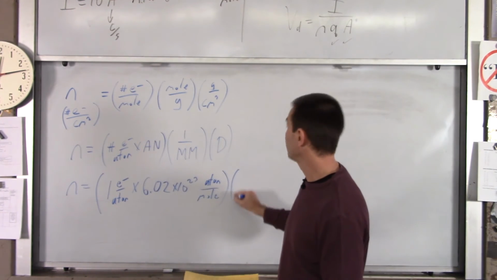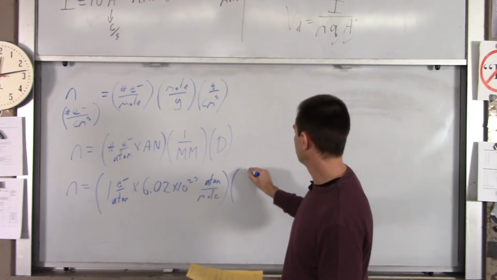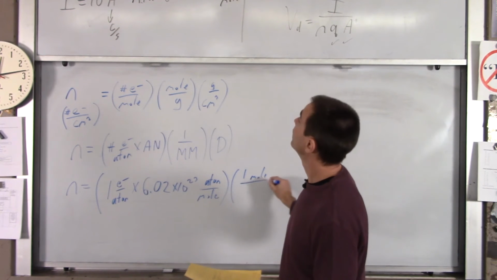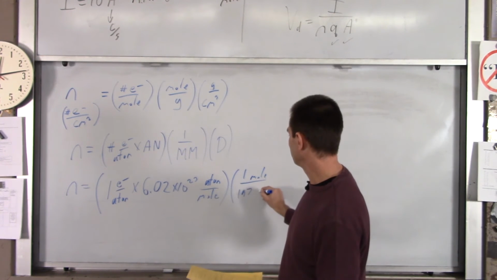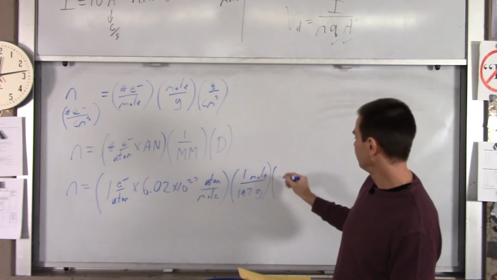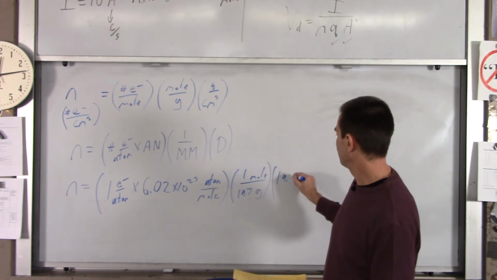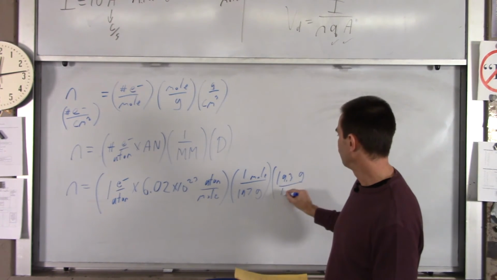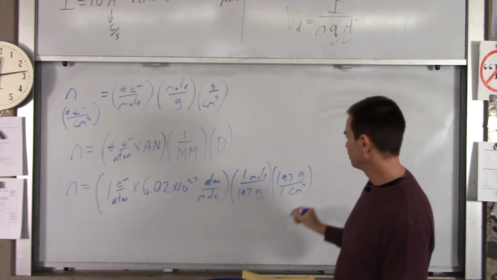The second term is 1 over the molar mass. So 1 mole is 197 grams, and then times the density of gold, which will be 19.3 grams in 1 centimeter cubed.